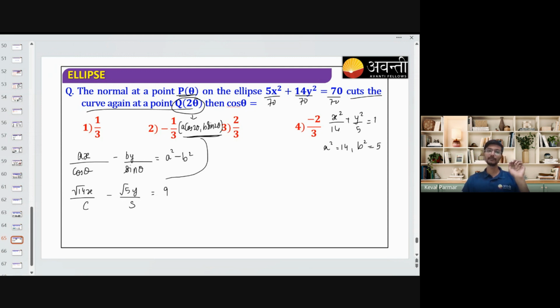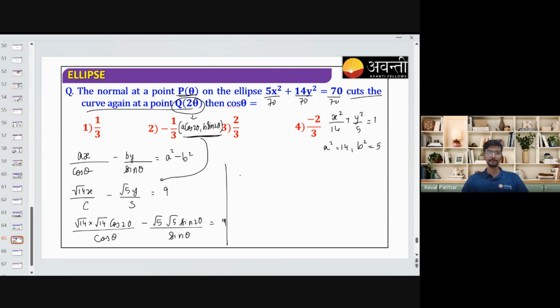That means this point must satisfy. So let us substitute this point here. So it will be root 14 into root 14 cos 2 theta upon cos theta minus root 5 into root 5 sin 2 theta upon sin theta is equals to 9.